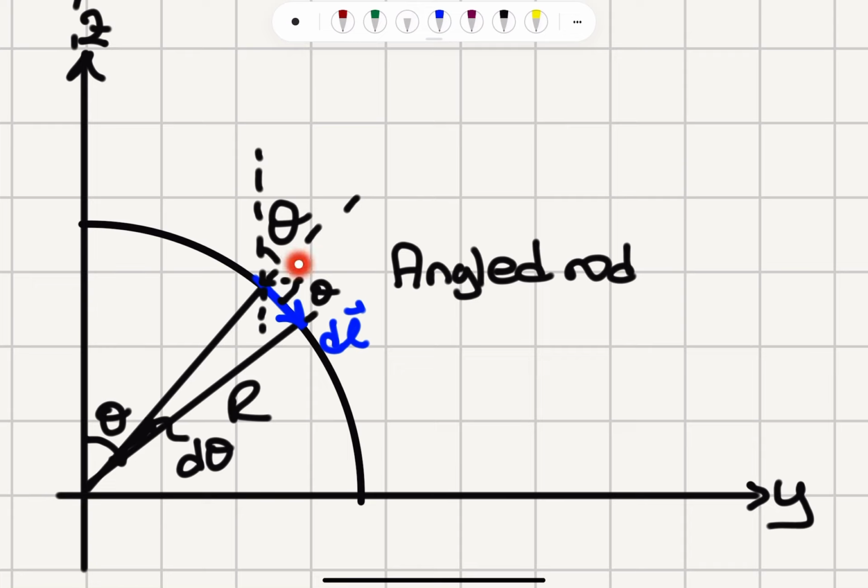So if this is 90 minus theta, this is theta. Now you can see that the dl vector makes an angle of theta with the y-axis, and therefore its projection onto the y-axis will be dl cosine theta. Its projection onto the z-axis will be minus dl sine theta, because the projection is in the minus k hat direction.